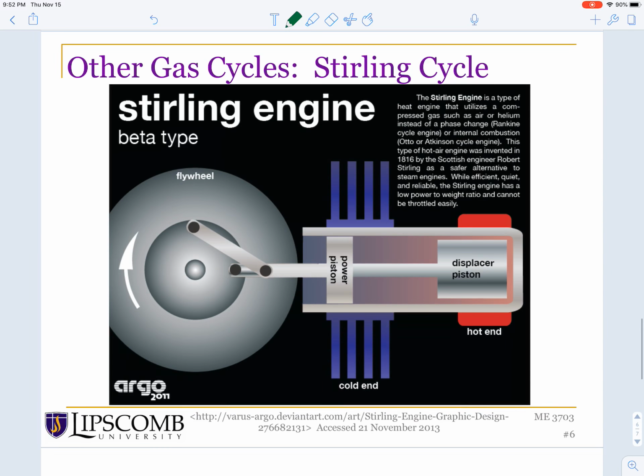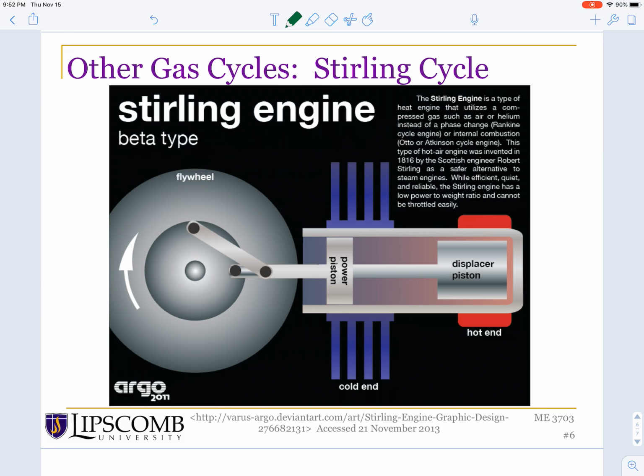The last thing I'll mention, I'm not covering this, but I've got a link to a collection of other gas cycles. The Stirling cycle is one example of an external combustion gas cycle, meaning that the hot end you see here, that high temperature would be due to some sort of heat source, combustion on the outside, heating the air on the inside of the piston cylinder assembly.